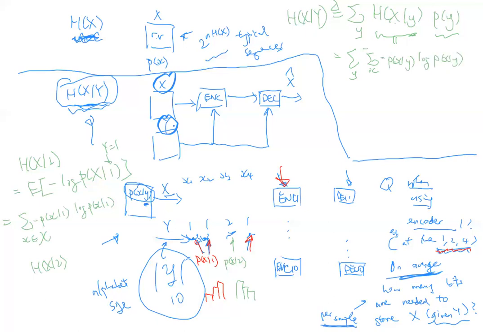This is H(X given y) times p(y). Now p(y) multiplied by p(x given y) gives p(x,y), so I can write the sum over x and y together, with a minus sign: p(x,y) log p(x given y). So this is basically H(X given Y).